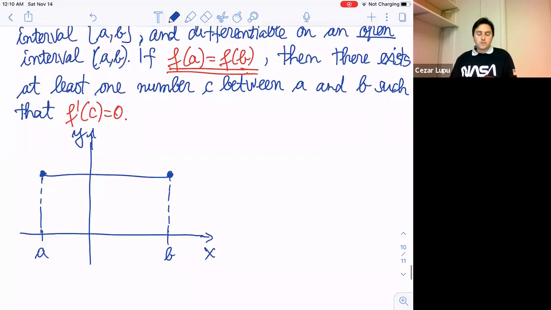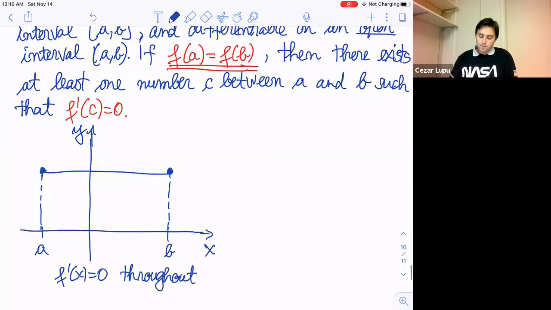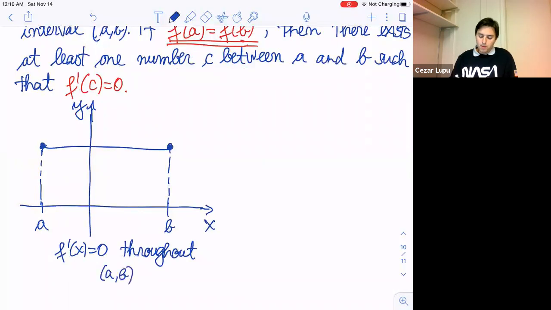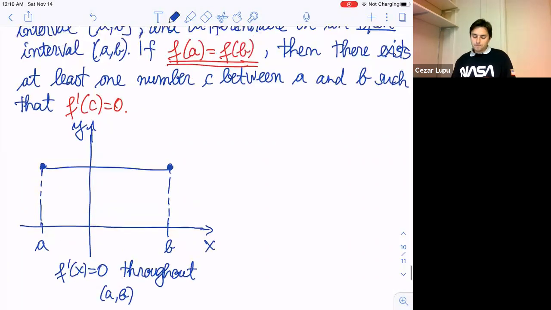So in this case, as you can see, f prime of x is 0 throughout the whole open interval (a, b), right?